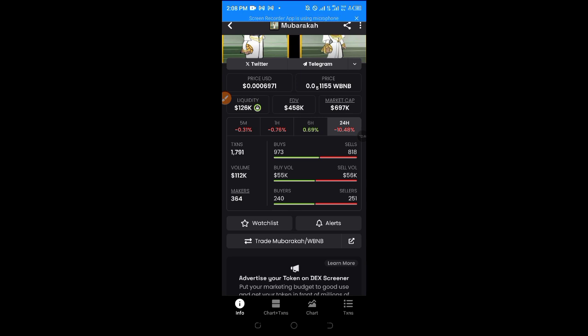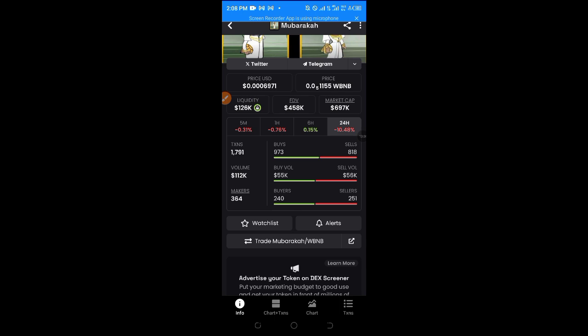We have 364 makers currently trading the market, and buy volume is 973, sell volume is 818. That's okay. It means there are real people buying this token, so this is a token you can even consider investing in. Investment is where you want to hold for some period of time. Do you understand?